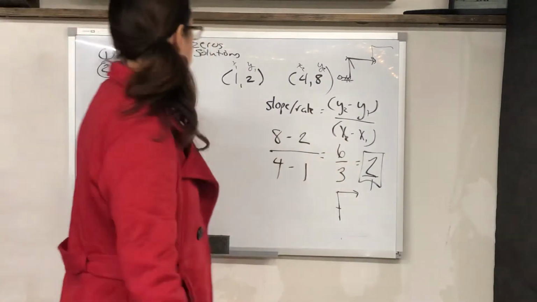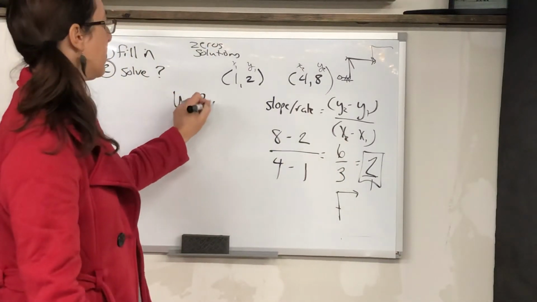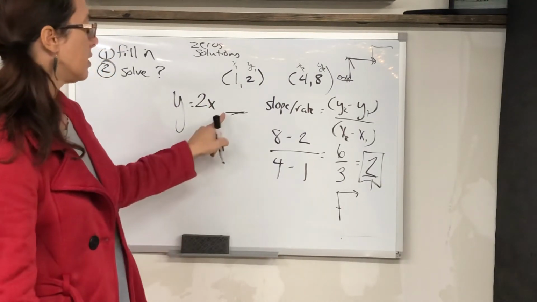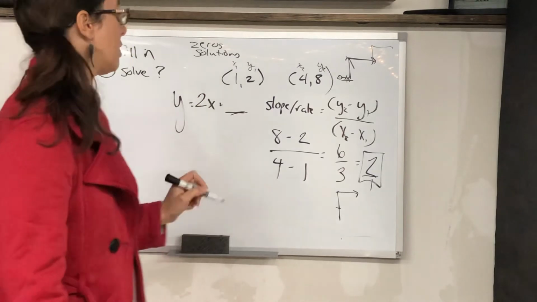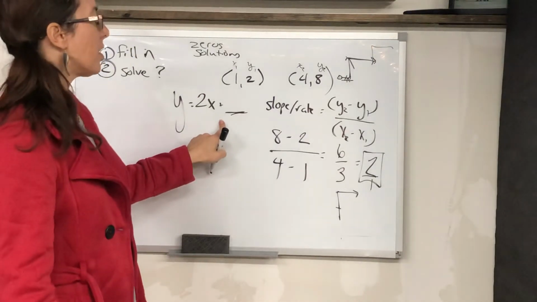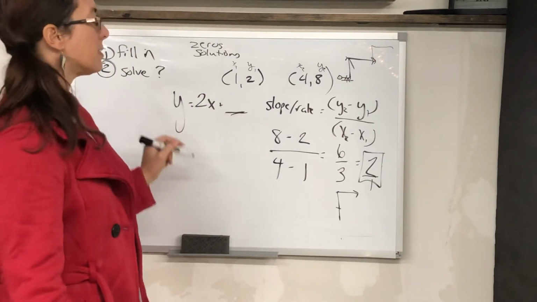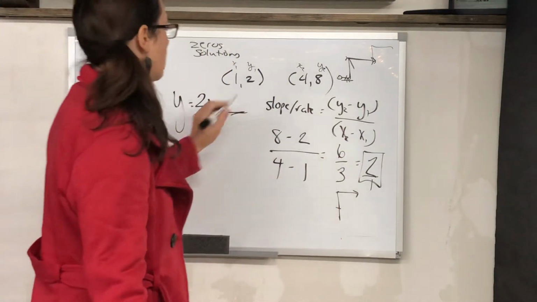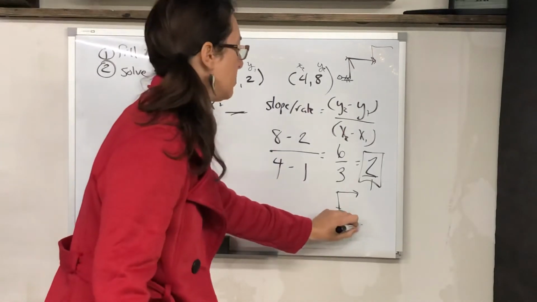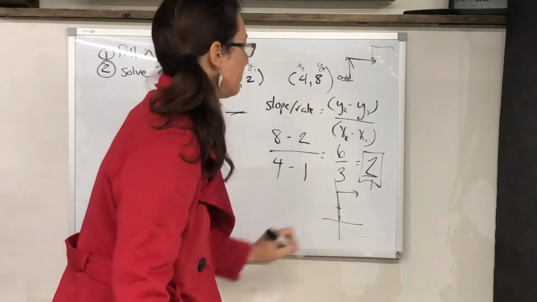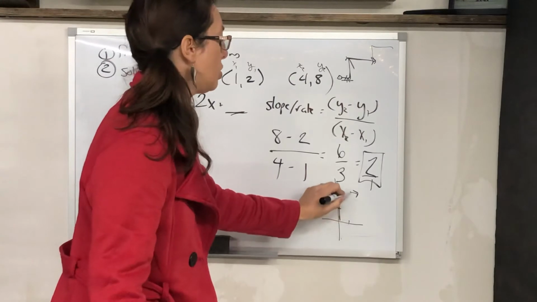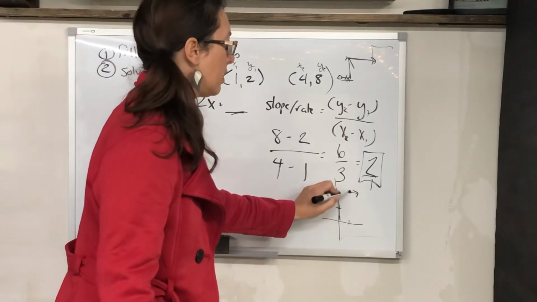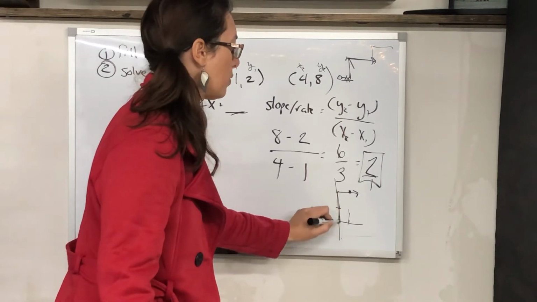So now that I have my slope, I can plug it in. Then all we need to know is where it crosses, for your intercept. Okay? Well, we know that our intercept is whenever x is equal to 0. So we can either graph it and figure it out that way and say, oh, well, I'm starting at 1, 2, and if I'm going backwards, I would go down 2 every time I go over 1.